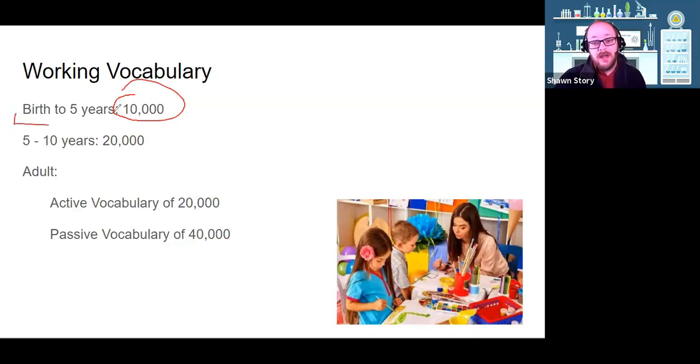And this is the important part. This is before they get to school pretty much. I mean, think about that. Before they get to school, they should be developing around 10,000 words in their vocabulary. And this is why home life is so important.